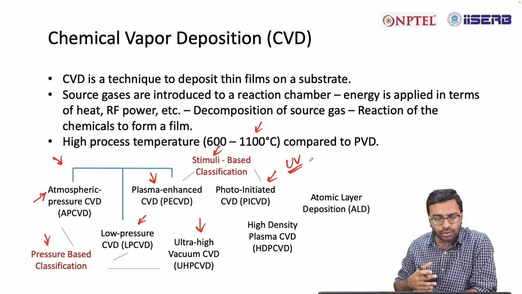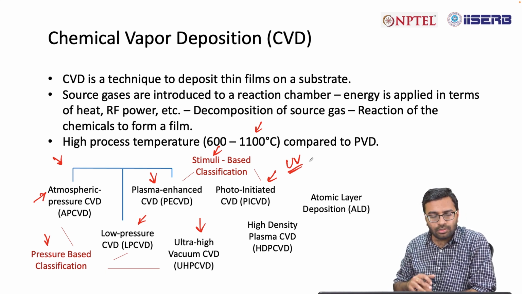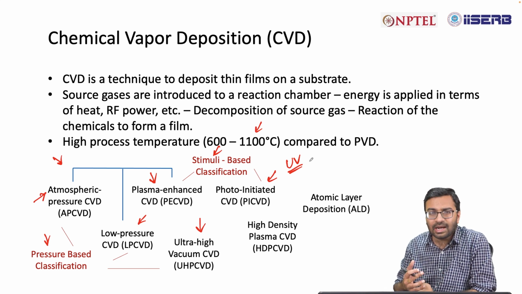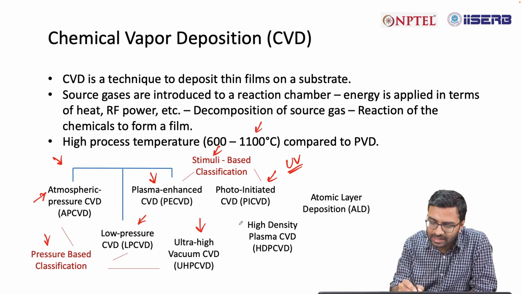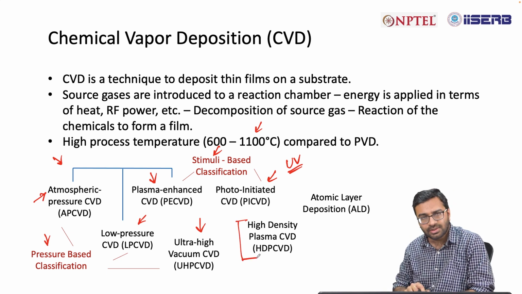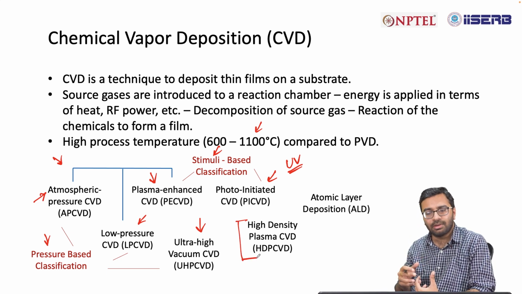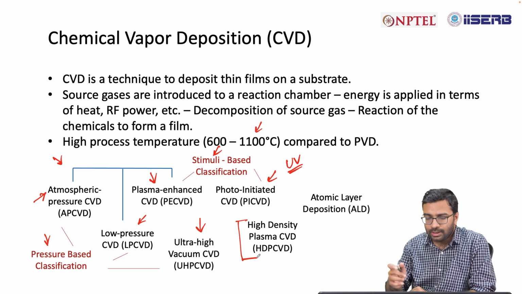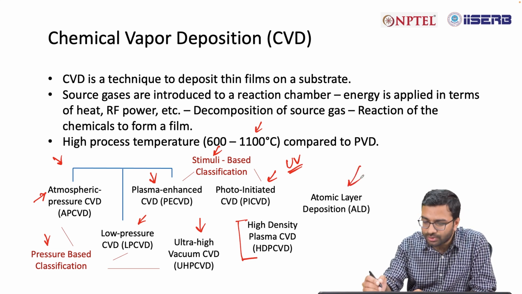So, this can also be stimuli based. So, these are the various types of CVD techniques. Then there are various other CVD techniques like high density plasma CVD, where the density of the plasma will be higher, and there is one more deposition technique which is known as atomic layer deposition or ALD.